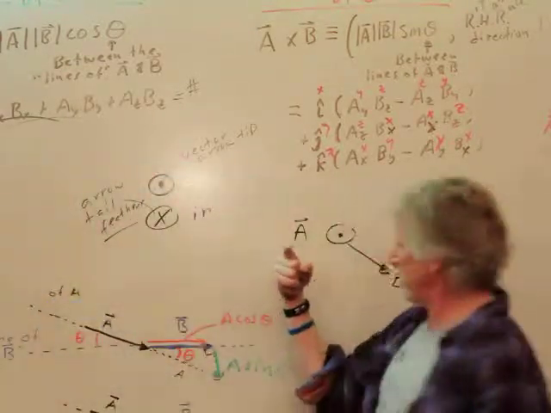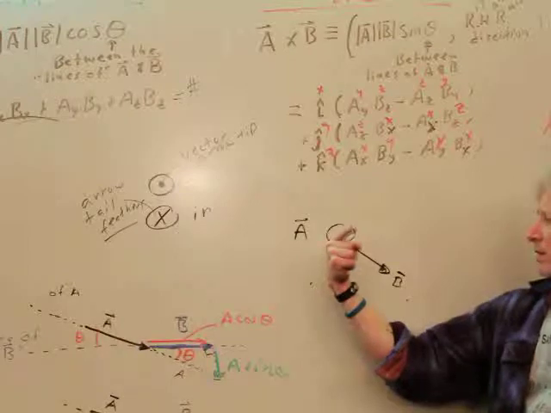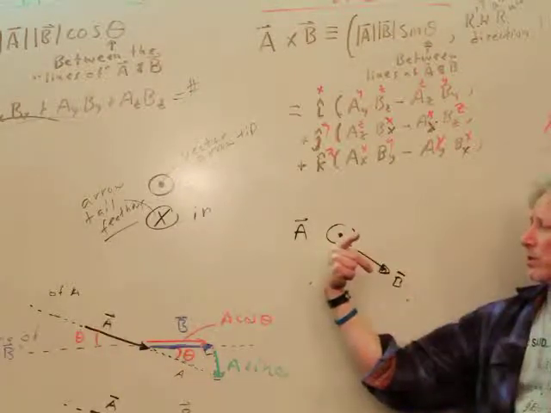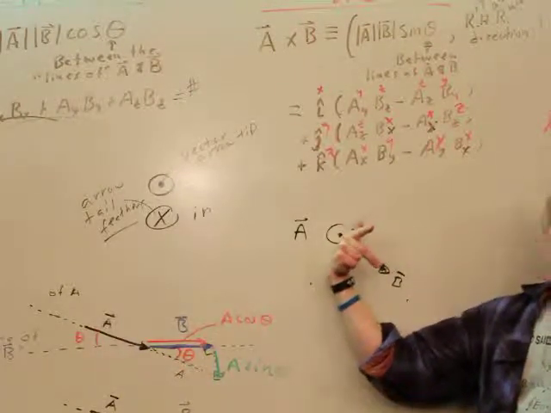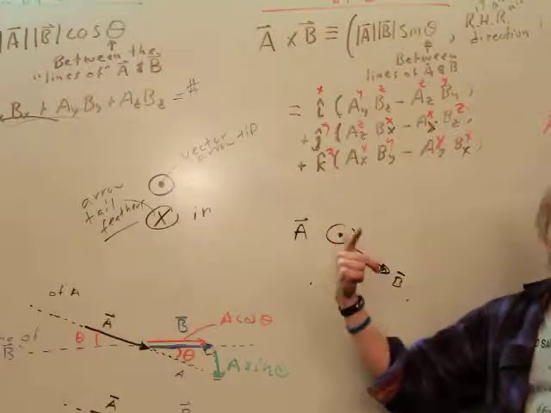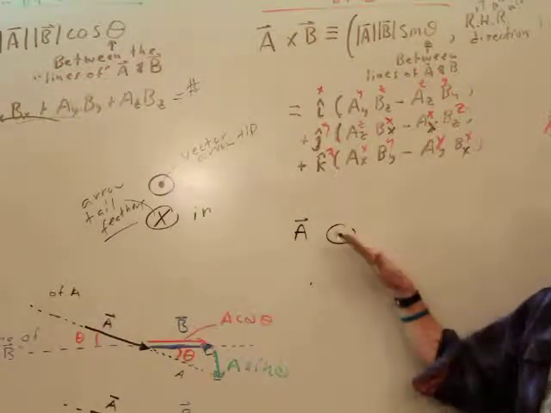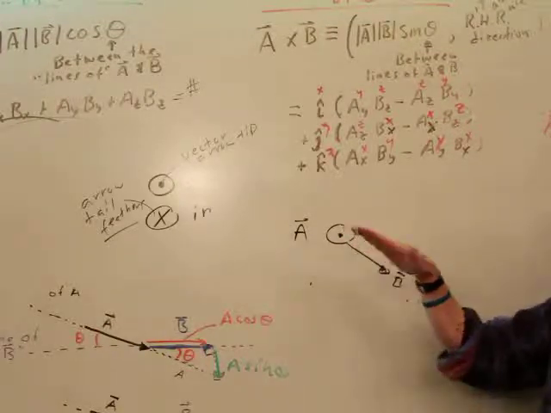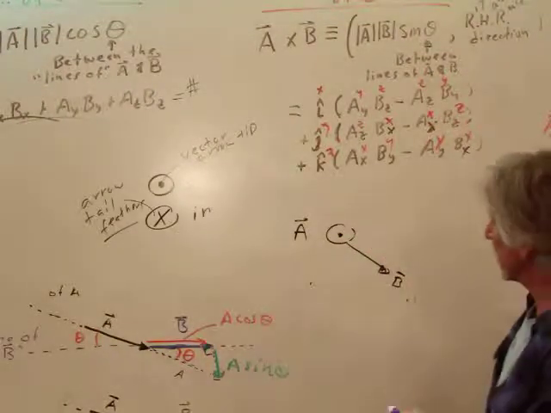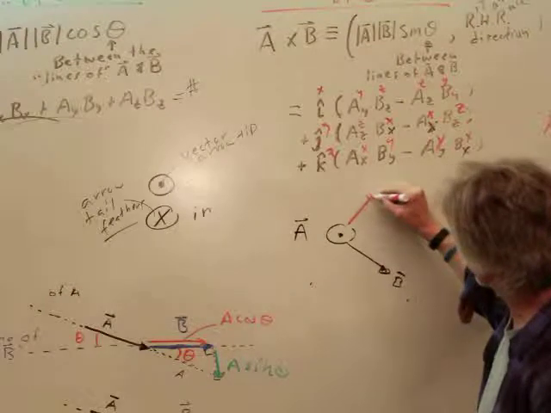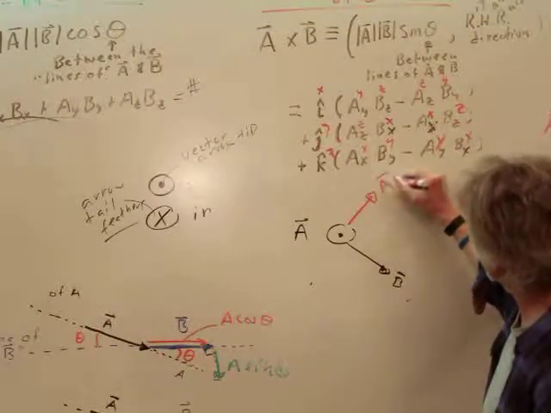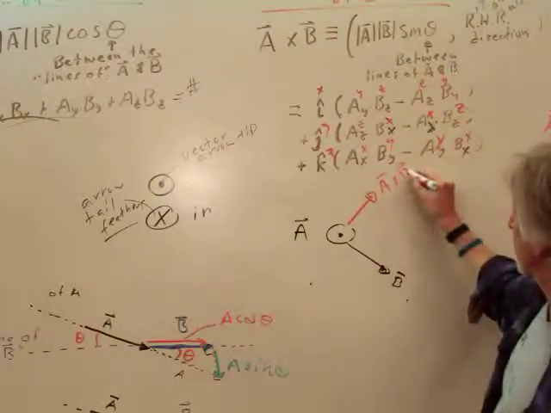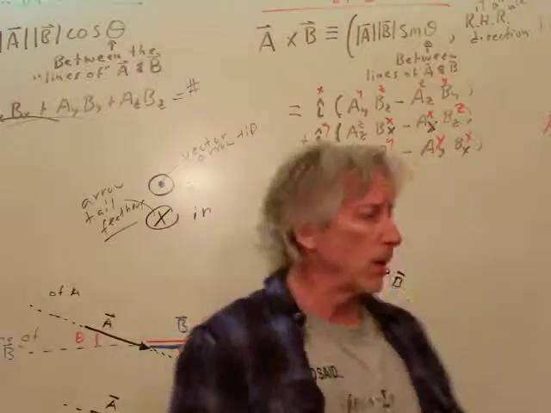A is this way. B, 1, 2, A cross B. You can't be sloppy on this. A cross B is perpendicular to this plane, the plane of A and B. And so the result here would be perpendicular to both, or A cross B, with an amount AB sine theta.